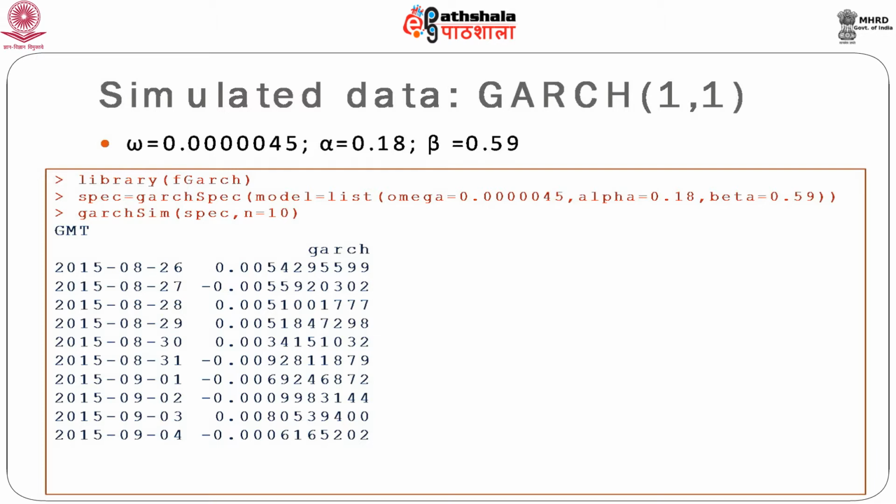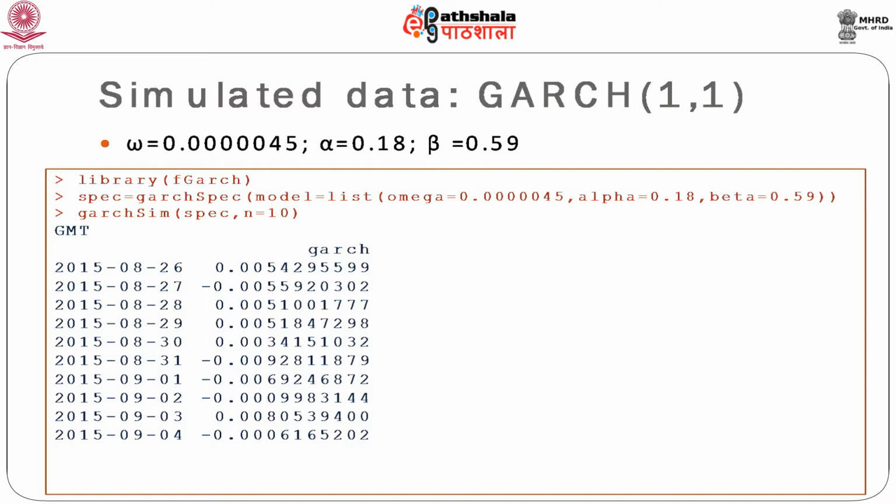So, first we will look at how to simulate the data for a GARCH model. The fGarch package has options for simulating data by setting the initial parameters omega, alpha and beta.